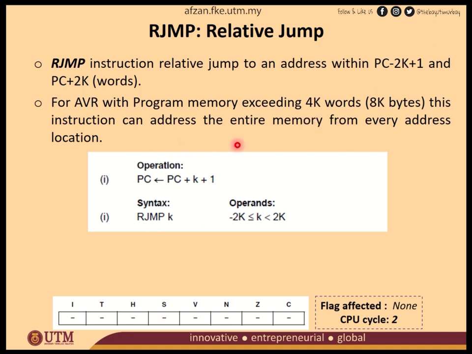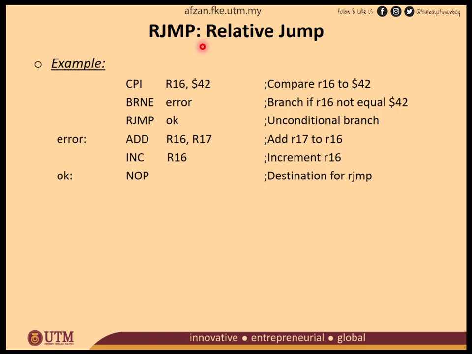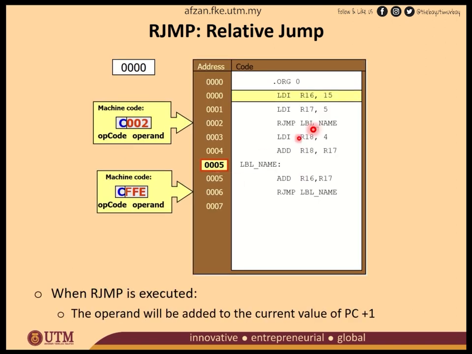The difference between RJMP and JMP is the way the processor takes the address, but it will jump to that address. Okay, so this is an example. We skip this one. We go to another slide to see it more clearly.